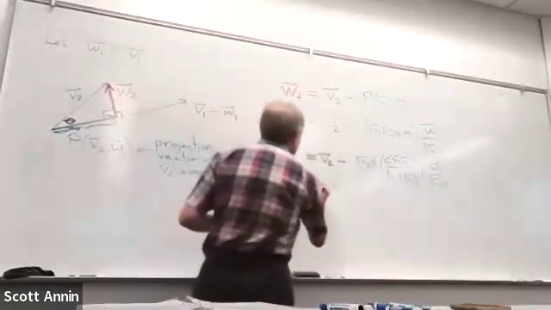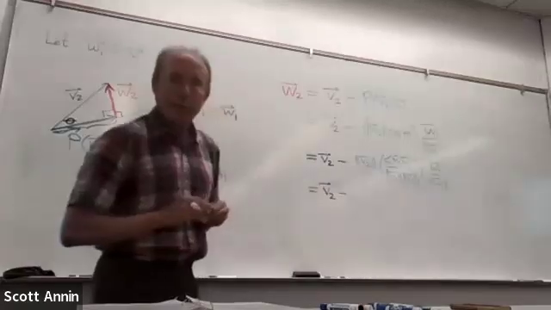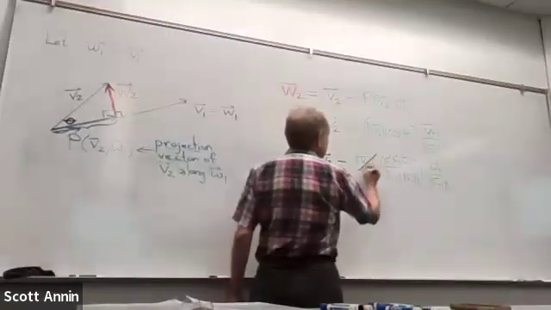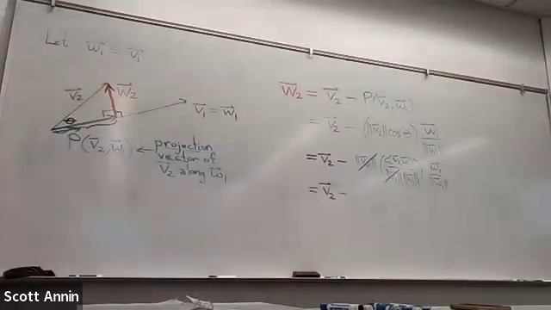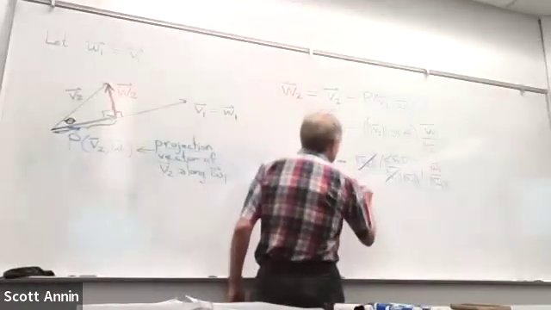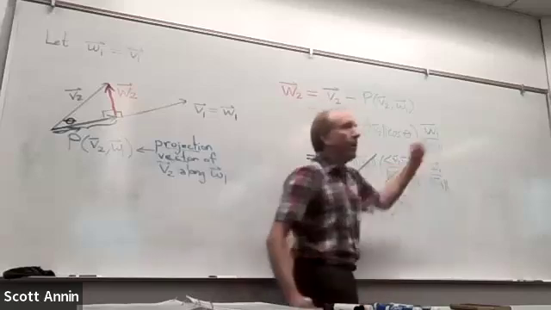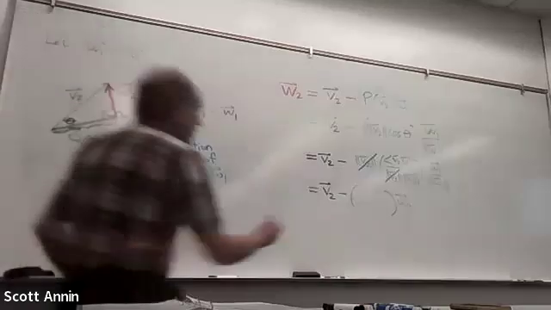Okay, so this is still equal to the black vector V2 minus. What you'll hopefully notice, guys, is that we can cancel the norm of V2 from the top and from the bottom there. And so what is left is some big scalar in front of W1. The W1 vector is over there on the right, but then what's the number that goes in here?